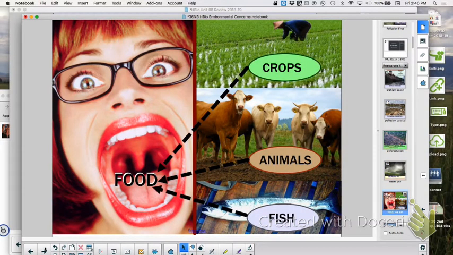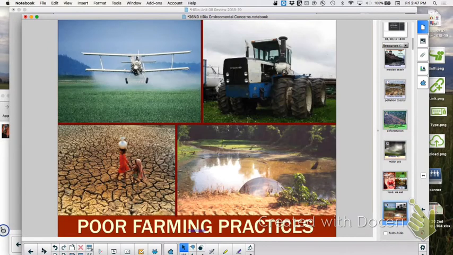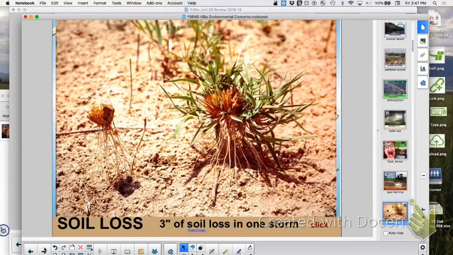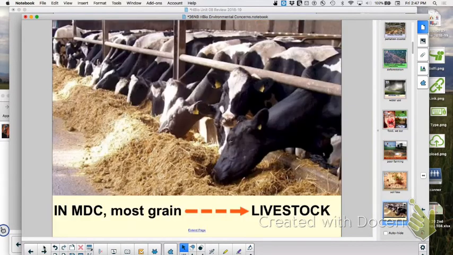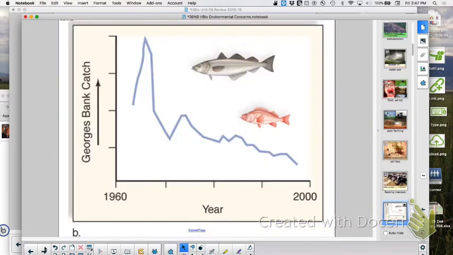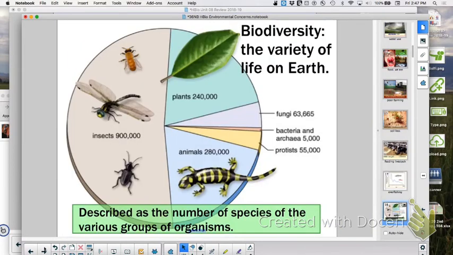We talked about how most of the crops we actually grow go not to feed us, but actually to feed what? Cows, right. Okay, we talked about poor farming practices, and what I would do is just look through and review those, because I don't think those are difficult topics to review. But we talked about the decrease in all of our resources. We talked about overfishing.